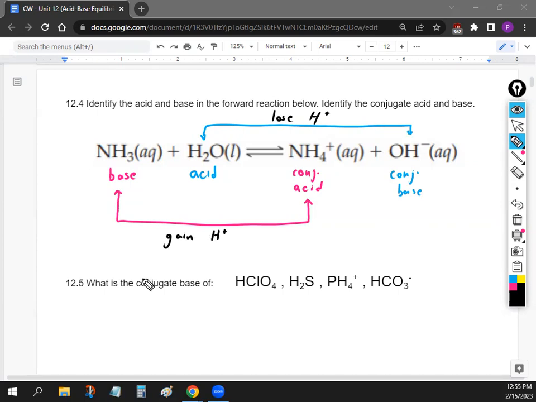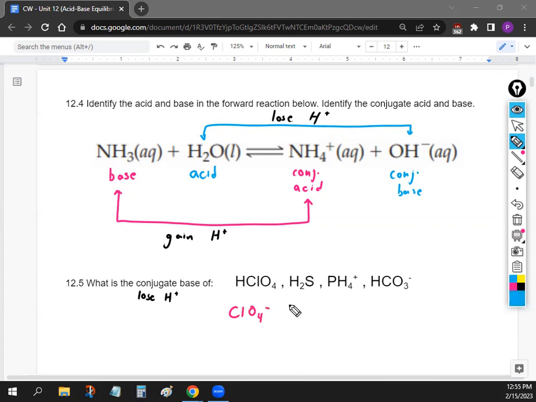That'll help us with this next question. What is the conjugate base of this? Conjugate base means the compound is going to lose an H plus, which makes these problems pretty easy to solve. You just take away an H plus from this one, and it will be ClO4 minus.